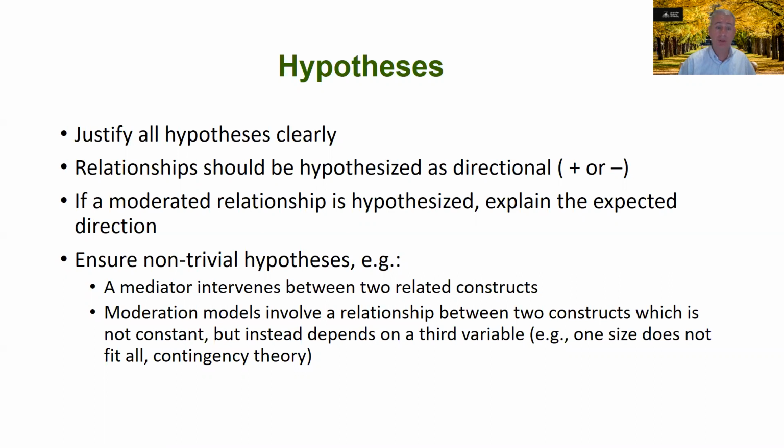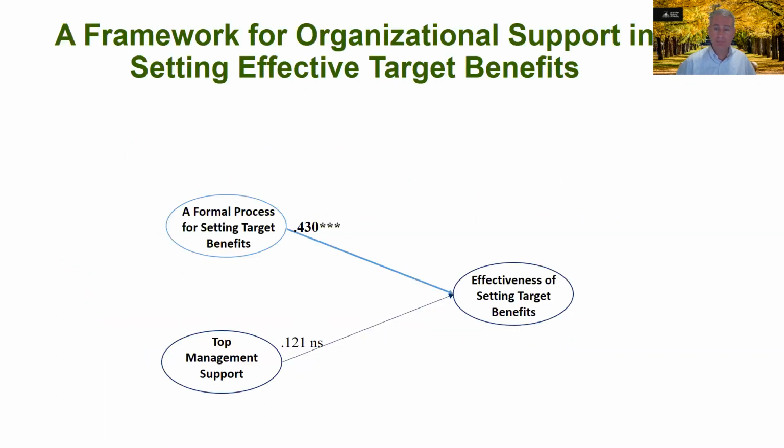For example, in a recent paper, we not only looked at two independent variables, A and B, that potentially have been found in the literature to impact our dependent variable, because this would not be a major contribution to knowledge.